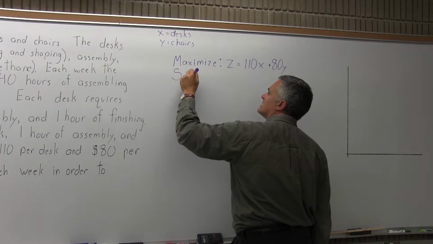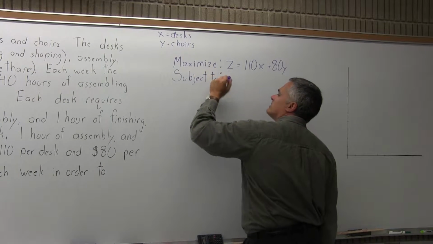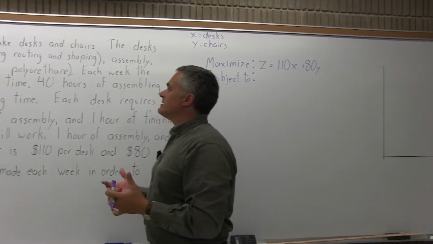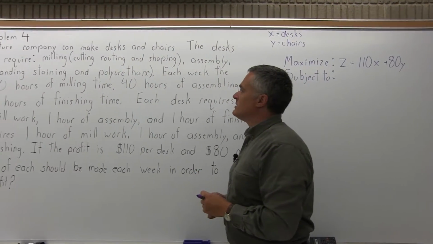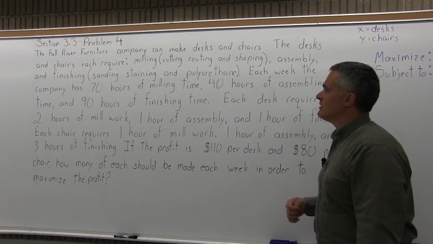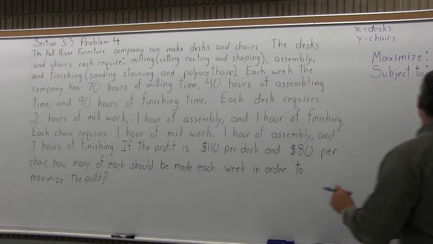So we're going to do subject to. And now what's going to limit the number of desks and chairs that can be made is the number of hours available for each of the operations, milling, assembly, and finishing. So there are 70 hours of milling time available.